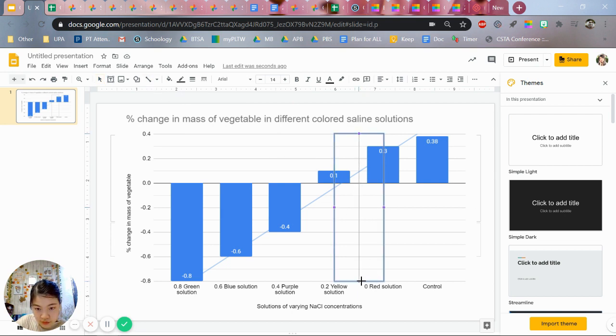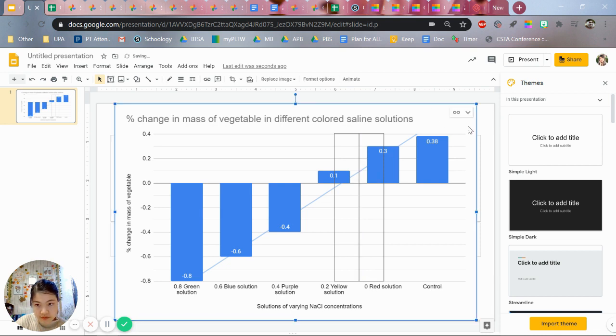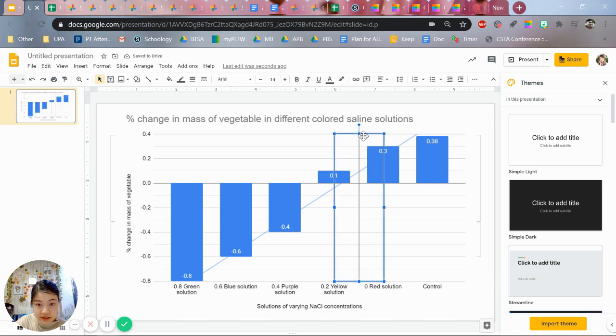Let's connect this as well. Alright, so this looks really dumb, I know. But okay, so this is 0.2. This area here is 0. This right here would be 0.1 molarity. So you know that the saline concentration of your vegetable slice lies between 0.1 and 0.2 molarity.